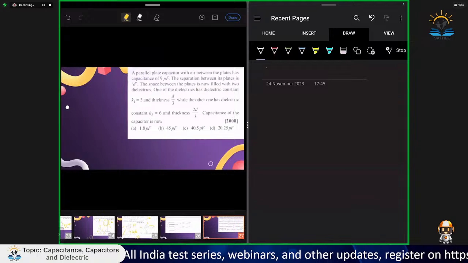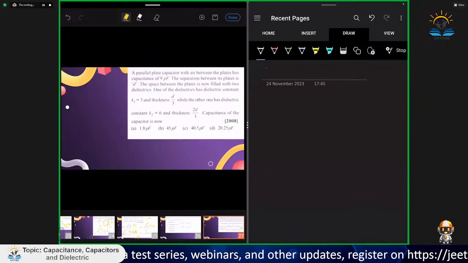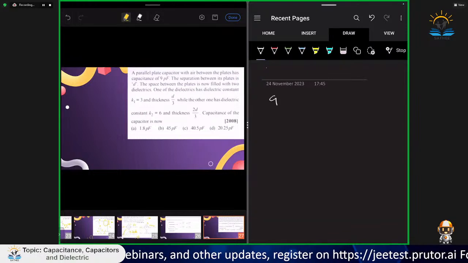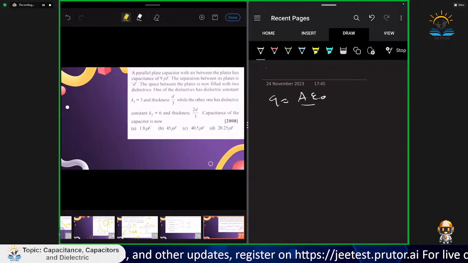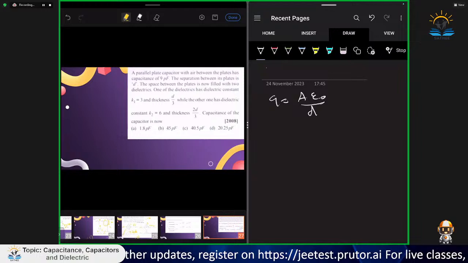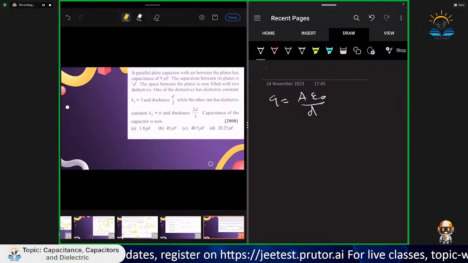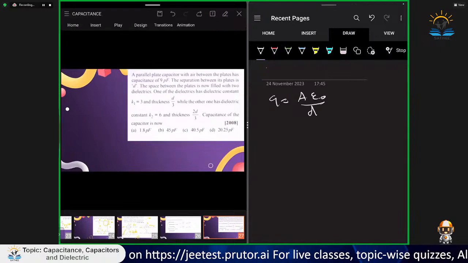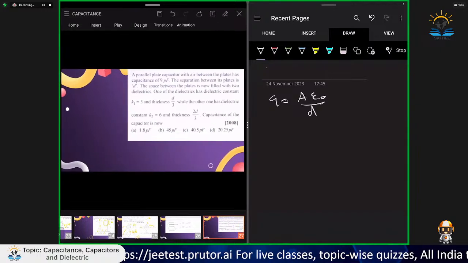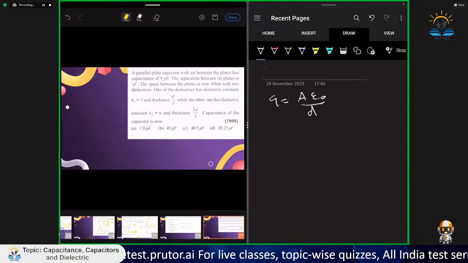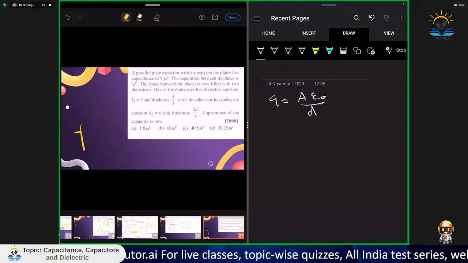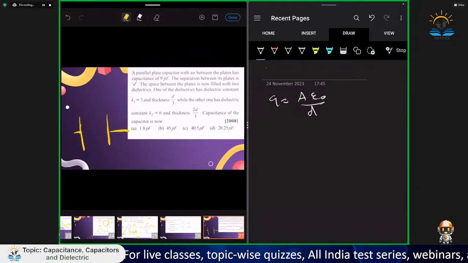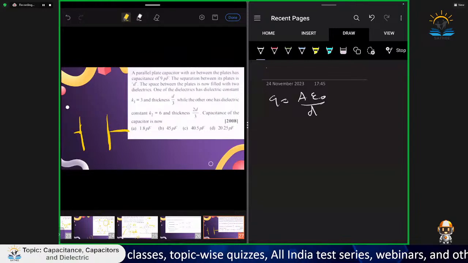A parallel plate capacitor with air between the plates has capacitance of 9. Okay. So 9 is equal to A epsilon by D. No dielectric. The space between the plates is now filled with two dielectrics.